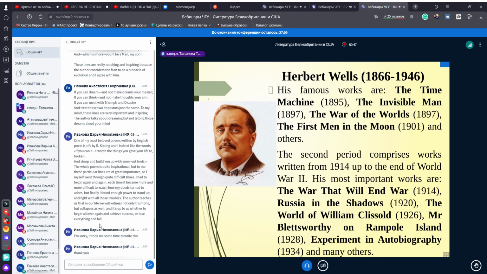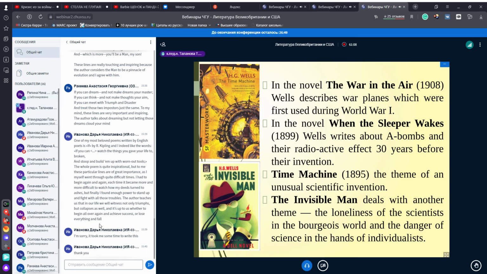As he was a biologist by his studies, he had some scientific foresight, and it appeared in his writings. If you look at the slide, you will notice that, for example, the author describes warplanes in his novel, The War in the Air, in 1908.